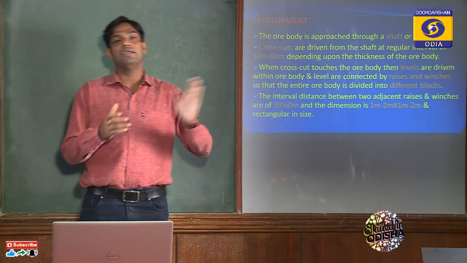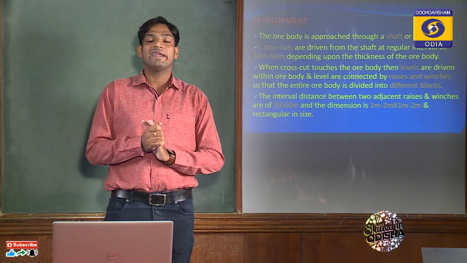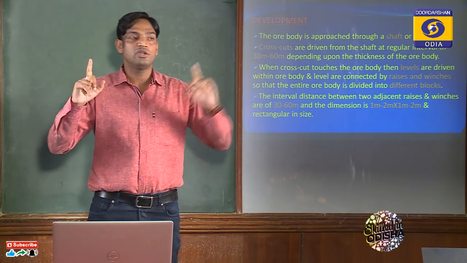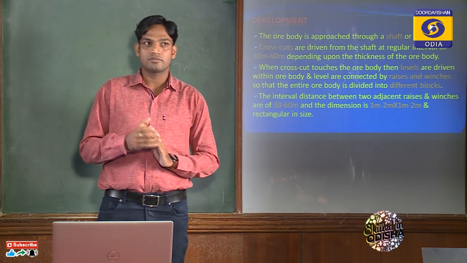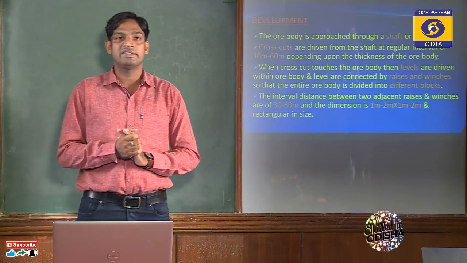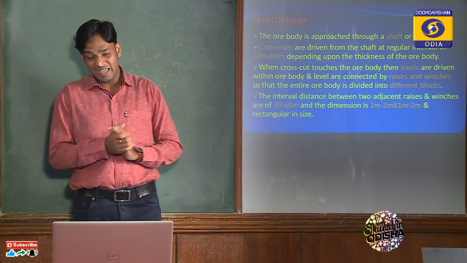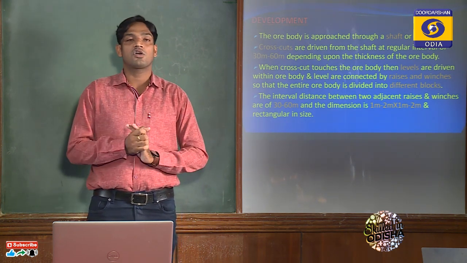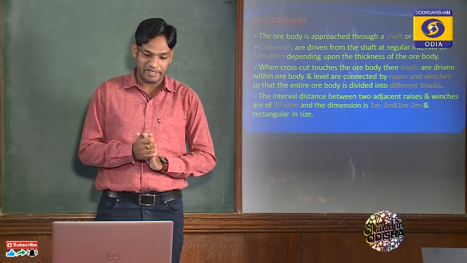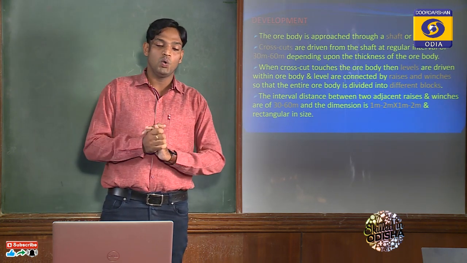That I have said earlier, the cross cuts are the connection between the shafts or incline to the ore body, and those cross cuts can be more in number depending upon the width of the ore body, and the interval between the cross cuts may be 30 to 60 meter depending upon the thickness of the ore body.